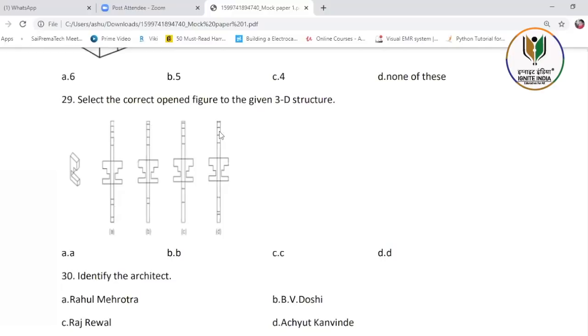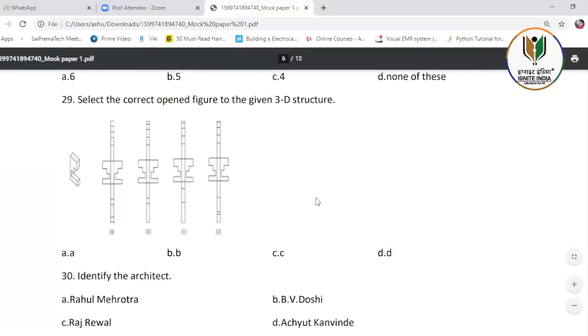Then 1, 2, 3, 4, 5, 6, 7, 8, 9, 10. So A and D have 10 each, and B and C have 9 each. We have to consider A or D.